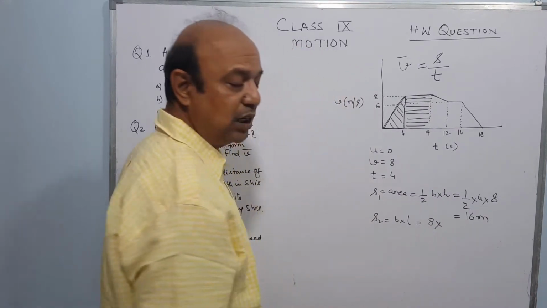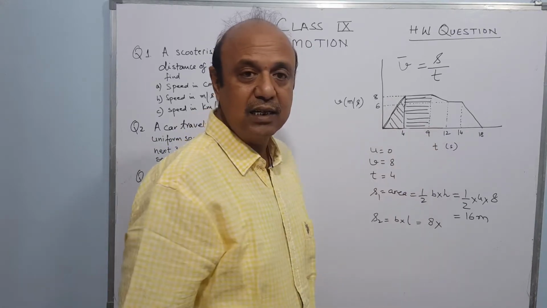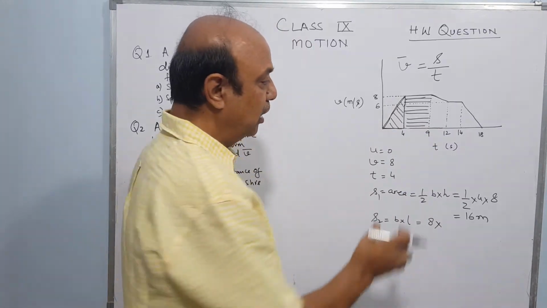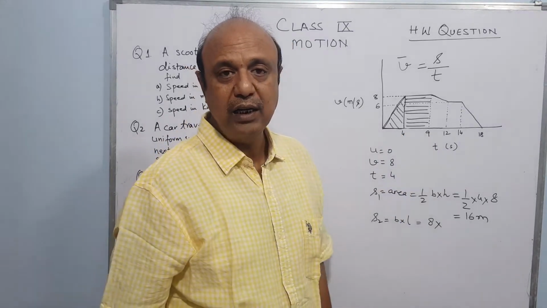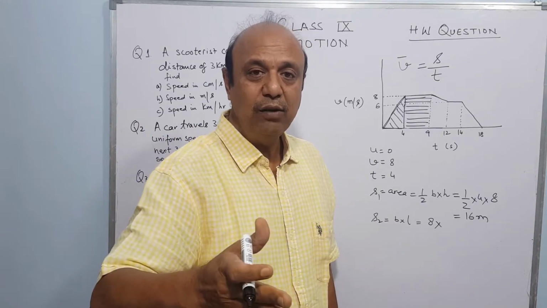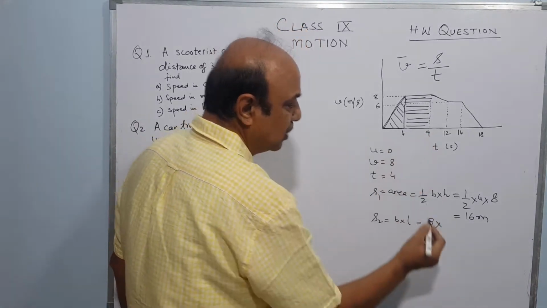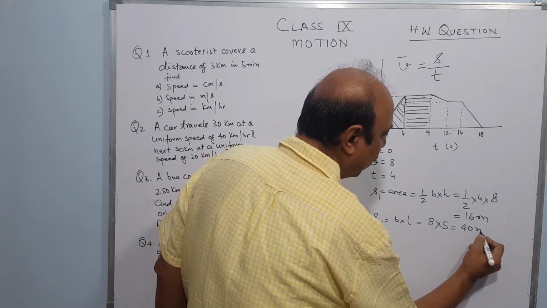Now the mistake students generally make is that they take length as 9. It is not 9, it is 9 minus 4. Remember what we had done yesterday, we had written T2 minus T1. So 9 minus 4 is 5. So S2 is 40 meters.